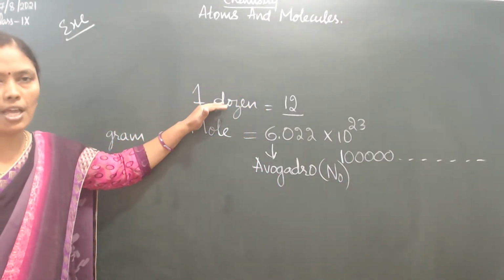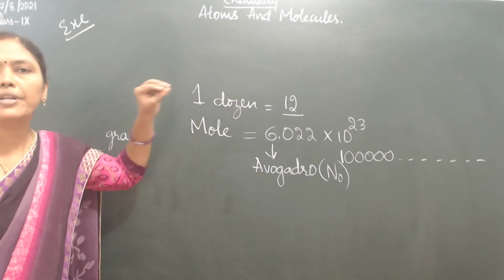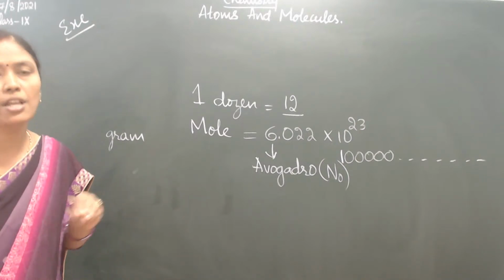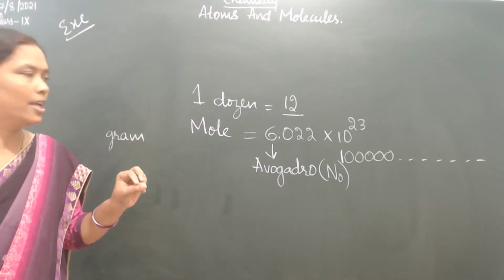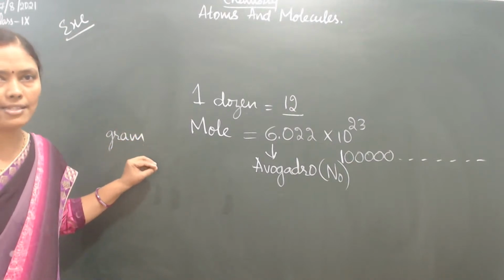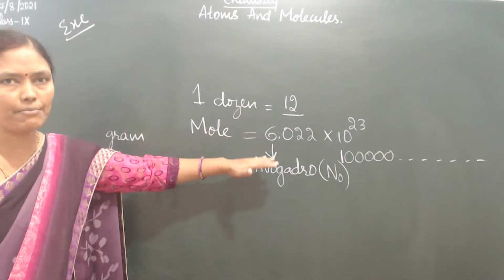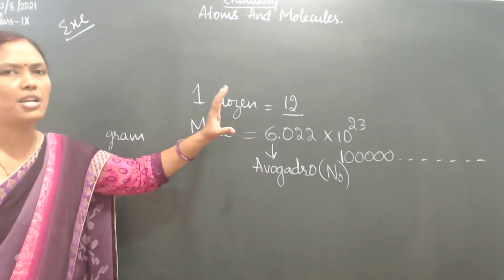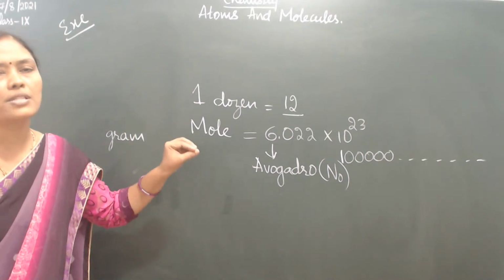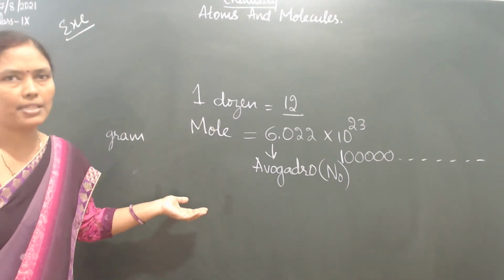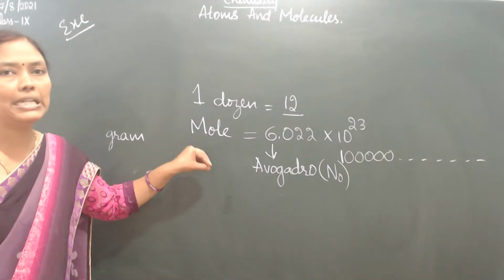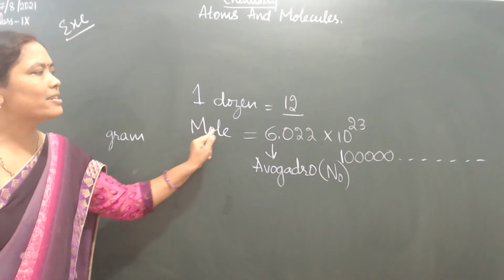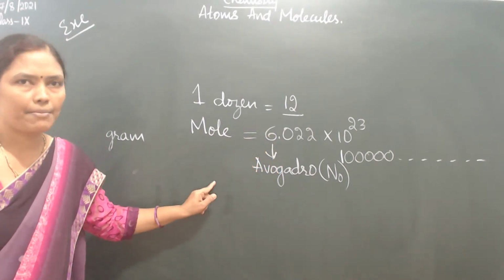In our day-to-day life, to measure the mass of things we use the units kilogram, gram, milligram. But in chemical reactions, molecules and atoms take part, so to deal with these small atoms or molecules, this number is used in chemistry.